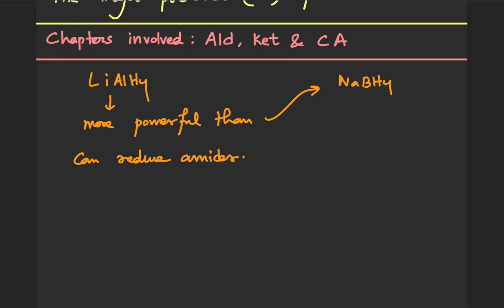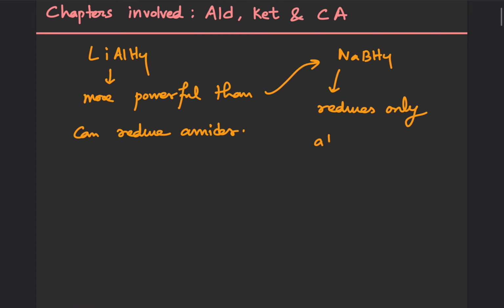It can reduce anhydrides, nitriles, oximes, alkyl halides, and nitro compounds. But NaBH4 is weaker compared to LiAlH4, so it reduces only aldehydes, ketones, and acid chlorides. Very important.